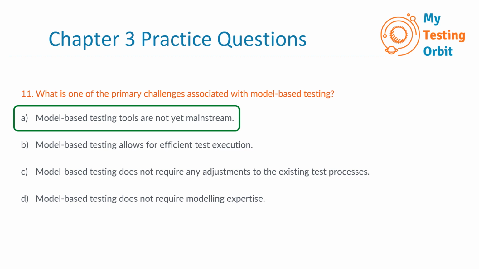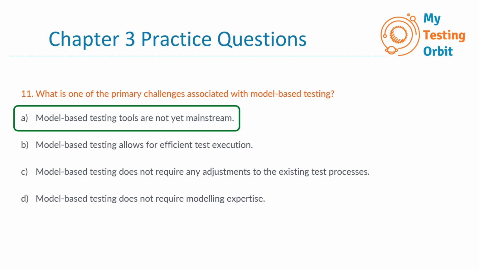As mentioned, model-based testing tools are not yet mainstream and they may not be as widely adopted as other testing approaches. Option B, model-based testing allows for efficient test execution. This is incorrect because model-based testing primarily focuses on test case generation, not execution.